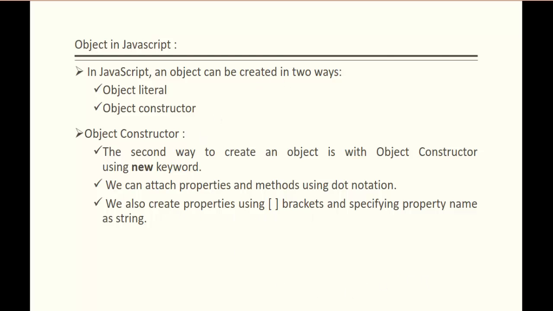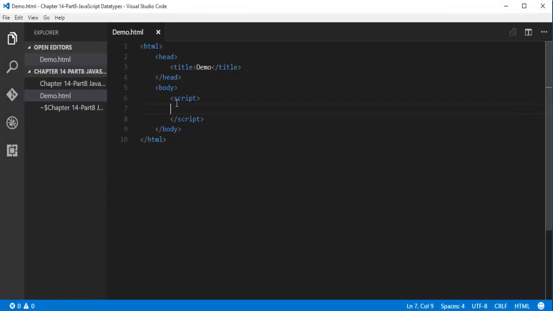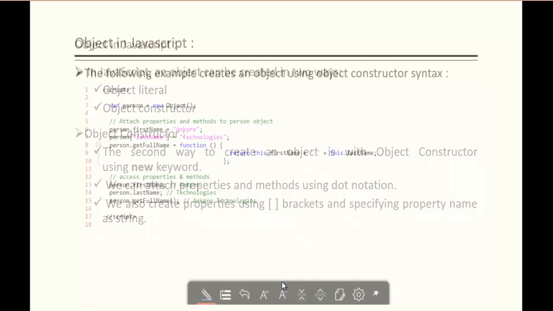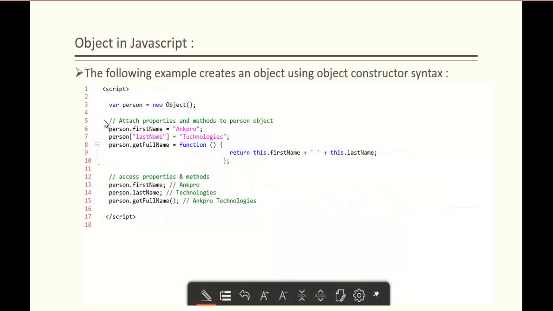So let me jump into Visual Studio Code and show you how to create an object with the help of the object constructor syntax. It's very simple. Before that, let me show you a code snippet of how it looks. This is an example which creates an object using the object constructor syntax.